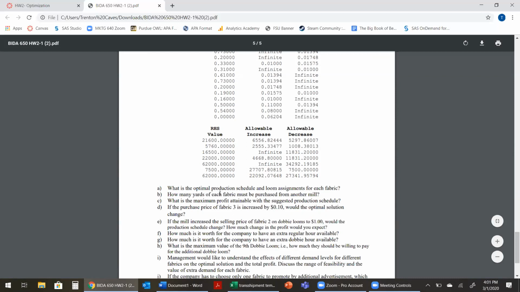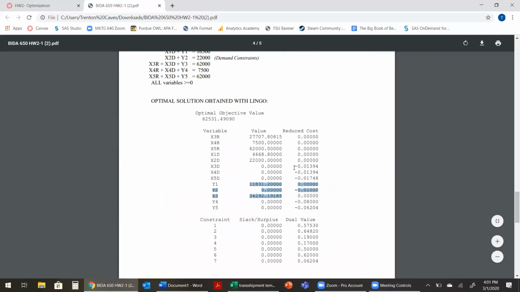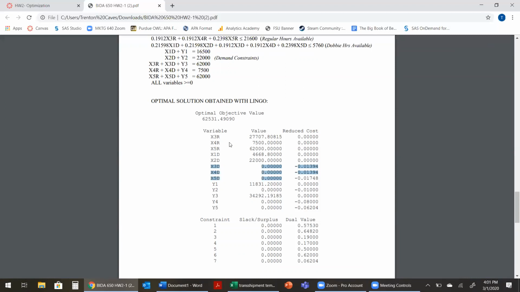So question A is the optimal production schedule and loom assignments for each fabric. So that's our regular Adobe production. And we're not producing any fabrics 3, 4, and 5 on Adobe looms. We're only producing those on regular looms.